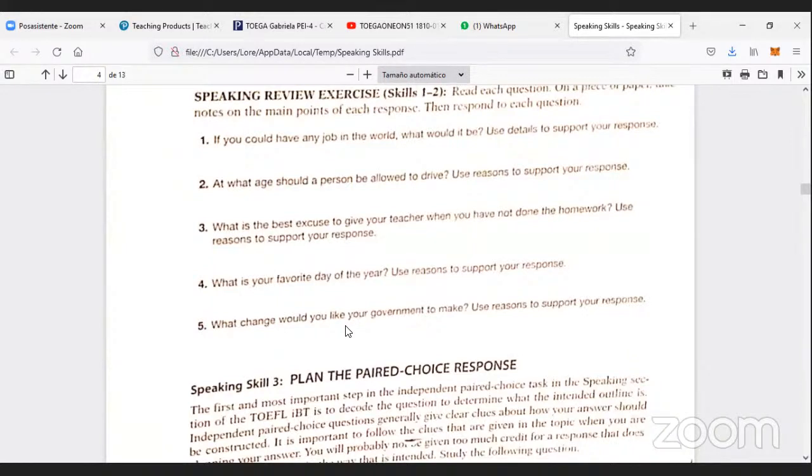I think it's a better age. In my country, I think... no, no, I'm sorry. Cancel everything. Don't worry. I think that the age that a person should be allowed to drive is 21. Why? Because I think at 21 you are more mature.